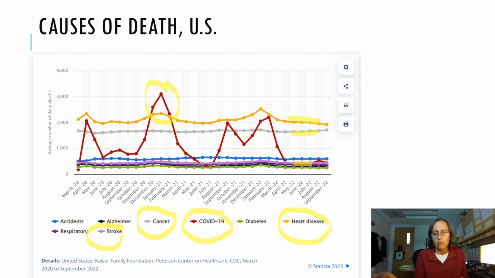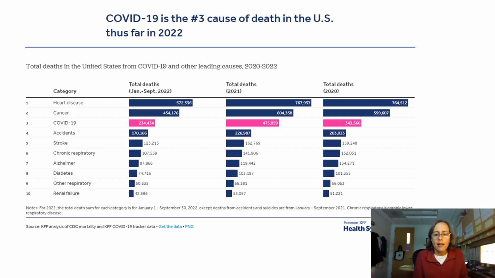But a new global pandemic is very unusual. And so, in fact, if you just total up causes of death for the year, so that was looking at kind of by week, you can see that in 2020, COVID was the number 3 cause of death, as it was in 2021.